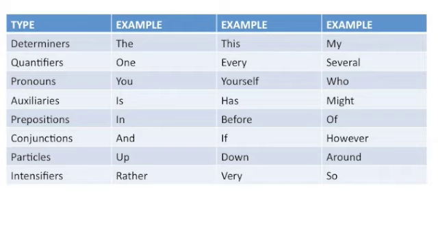There are determiners, which are made up by words such as the, this, and my, quantifiers such as one, every, and several, pronouns like you, yourself, and who, auxiliaries such as is, has, and might, prepositions such as in, before, of, conjunctions such as and, if, or however, particles made up by words like up, down, and around, and intensifiers like rather, very, and so.